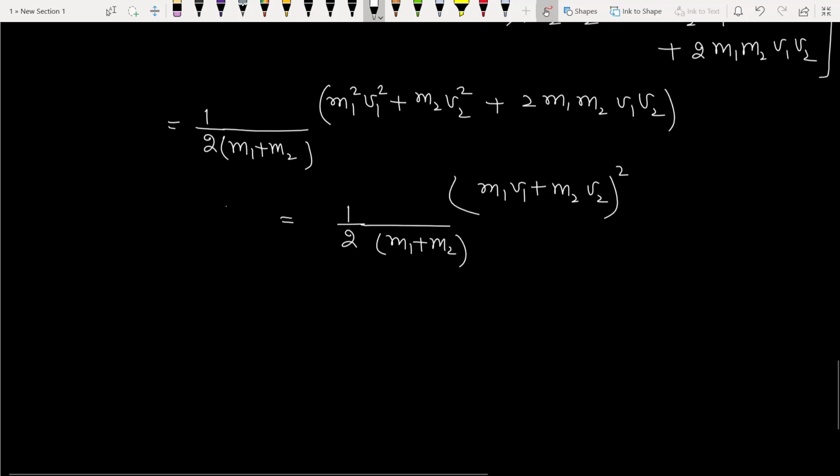This is our change in energy, and to simplify it we multiply and divide by m1 plus m2.